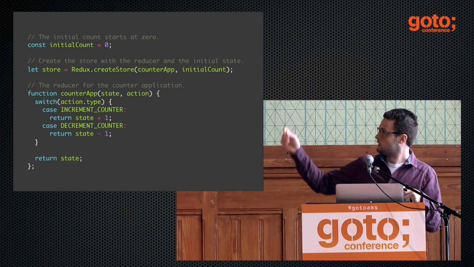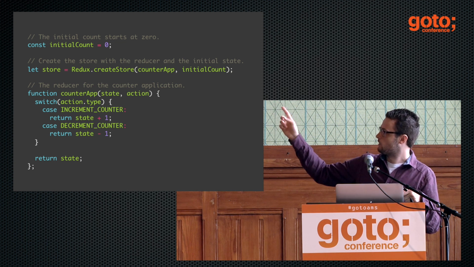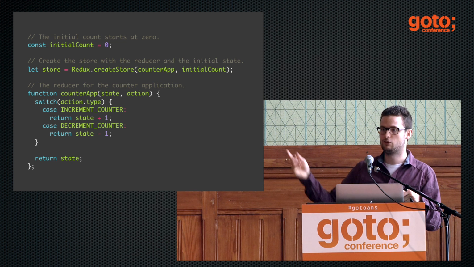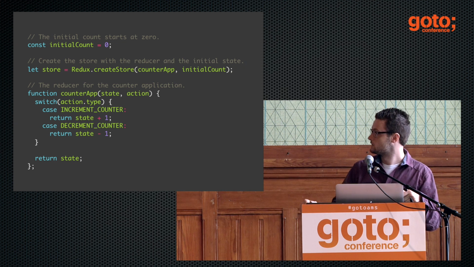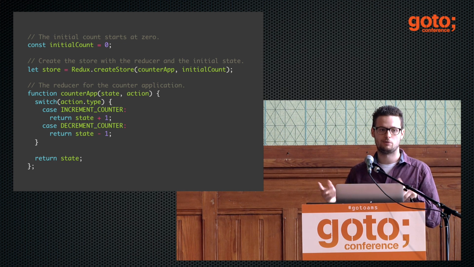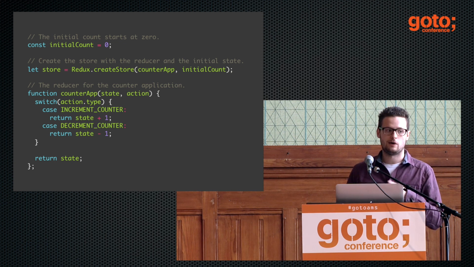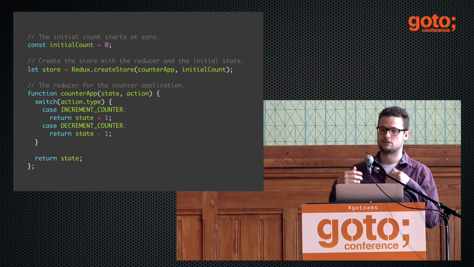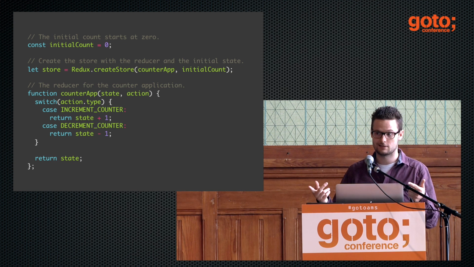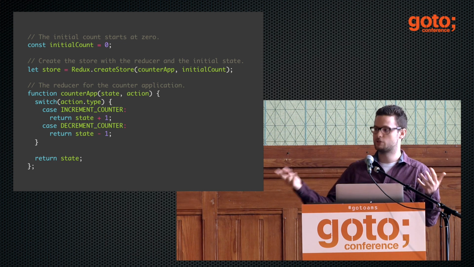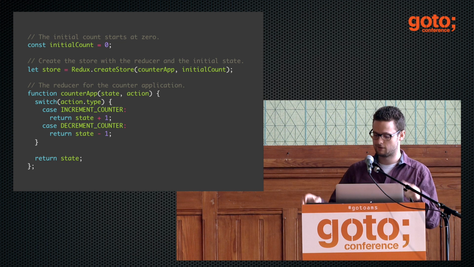And in the reducer, we handle our two action types, increment counter and decrement counter. So whenever we encounter increment, we simply add 1. When we encounter decrement, we decrease it by 1. So for example, if our counter app has a state of 5 and we send the increment action, it will be 5 plus 1. So 6 will be the new state.